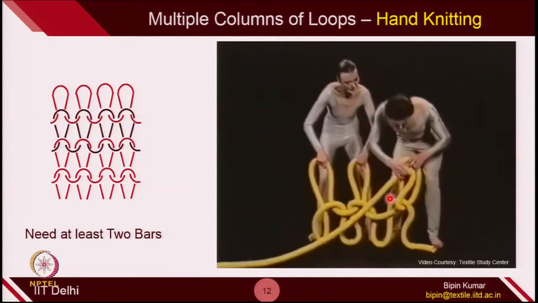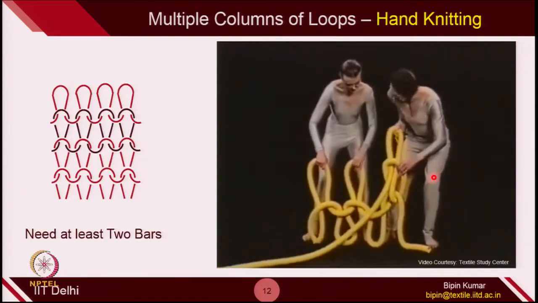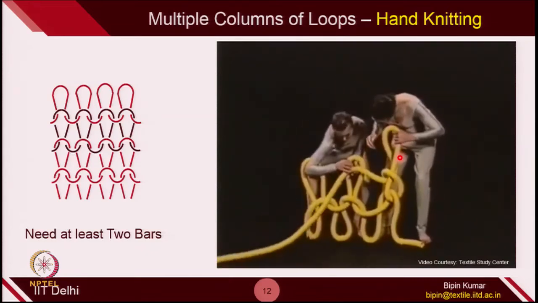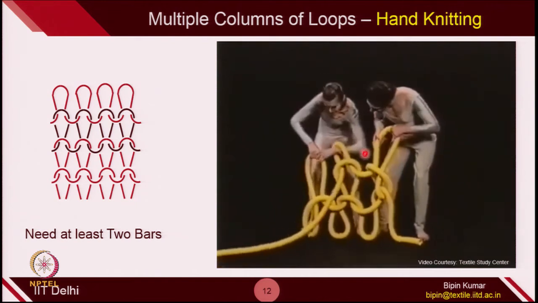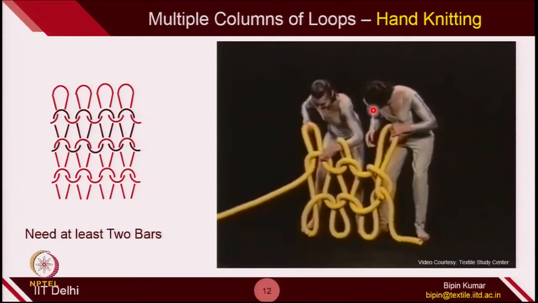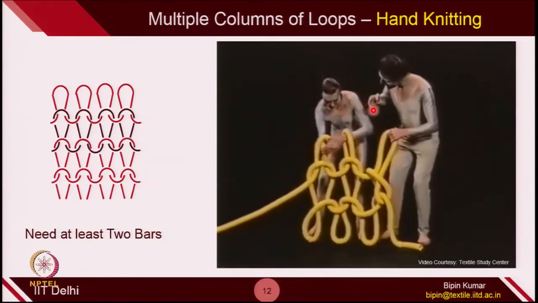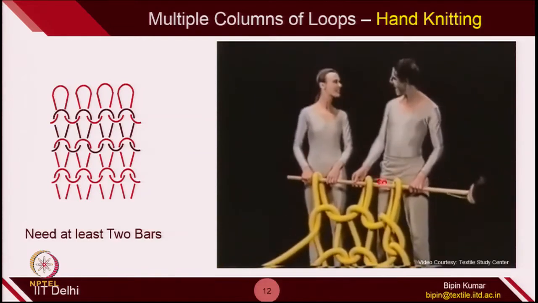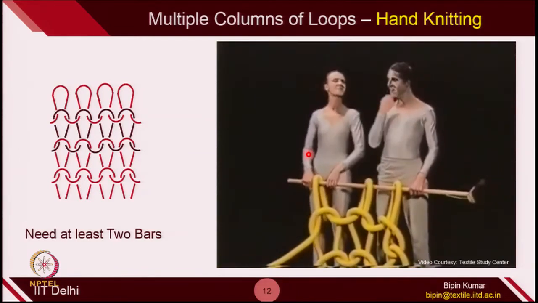Again we make a new loop on the third column, then the second column, and then the first column. You can see in this way the process can be repeated. The new loops always have to be held, otherwise the fabric can fall, and the old loops are already supported by new loops in the columns.